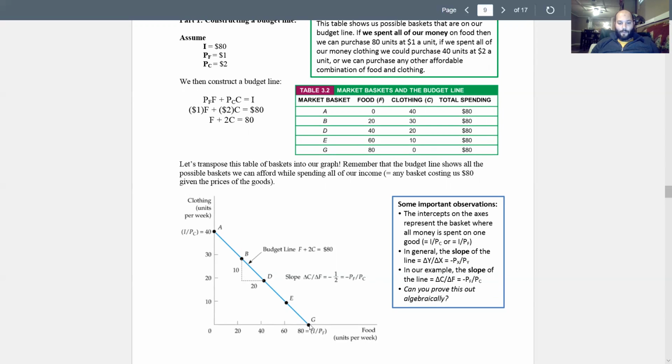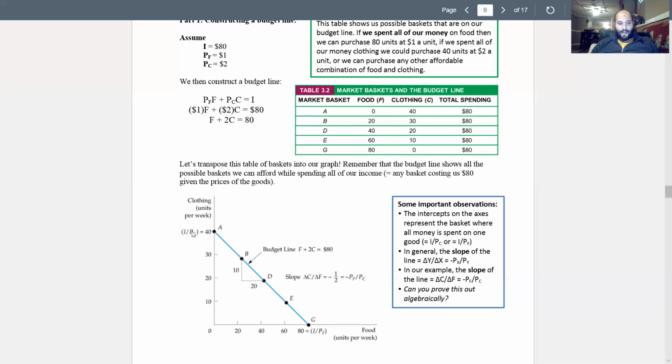Just like MRS being the slope of the indifference curve, we want to consider the slope of this budget constraint. The slope is rise over run, and it's negatively sloped. So our rise is 40, our run is 80, our slope here is -1/2. In a more general case, our rise would be I over PC, our run I over PF.